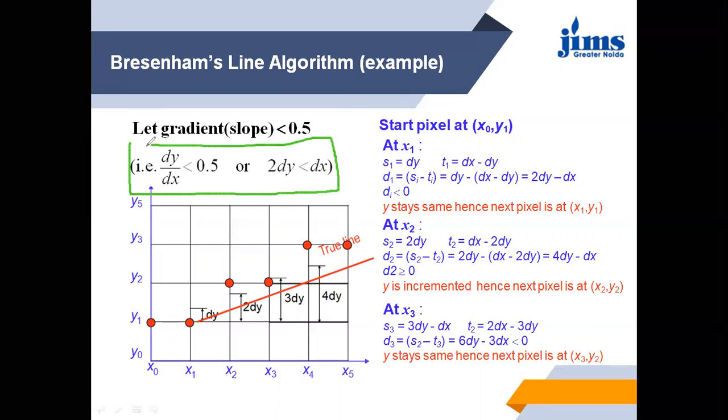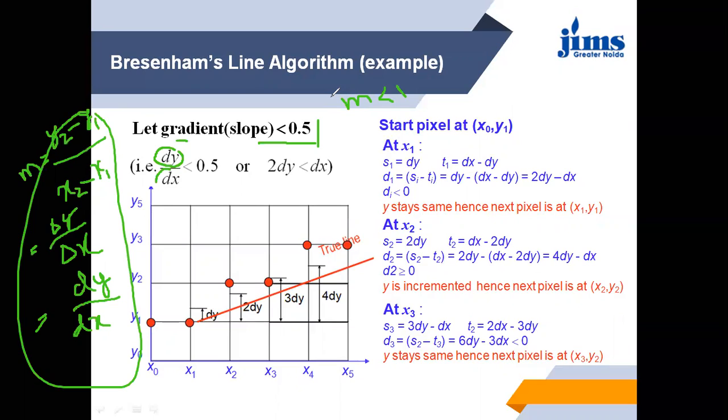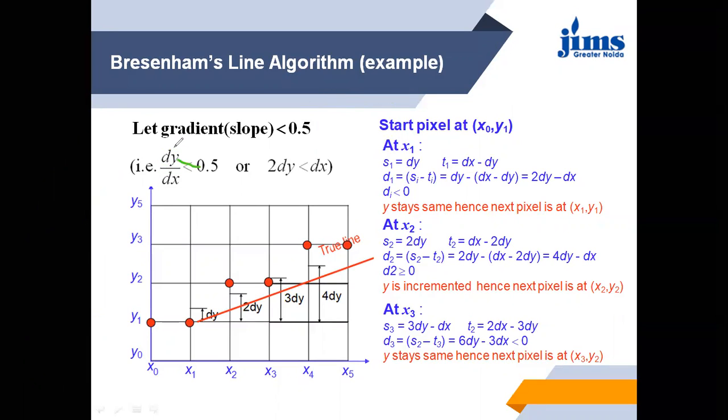When I take this to this side, it will be dy less than 0.5 multiplied by dx.